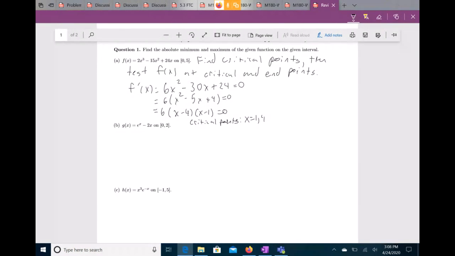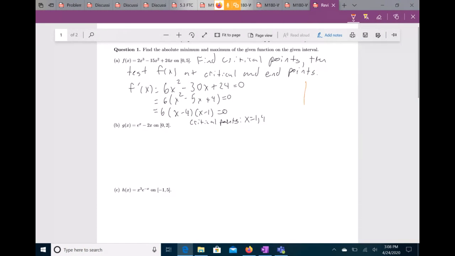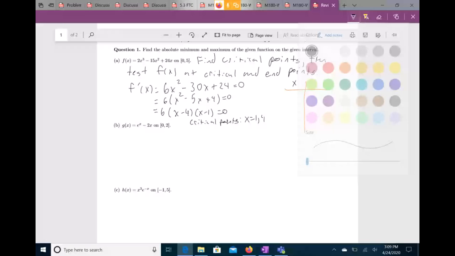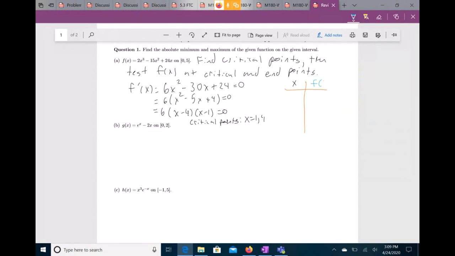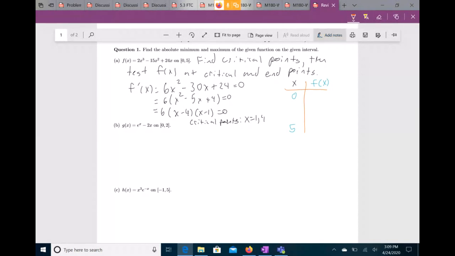So now we just need to test the function at the endpoints and the critical points. I'm going to change colors arbitrarily to keep your attention. The endpoints are 0 and 5, and the critical points are 1 and 4.